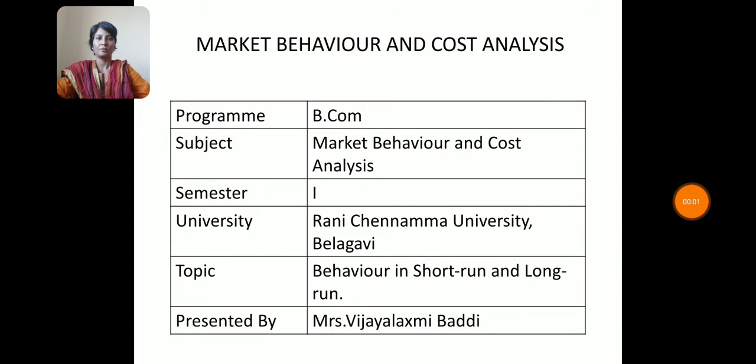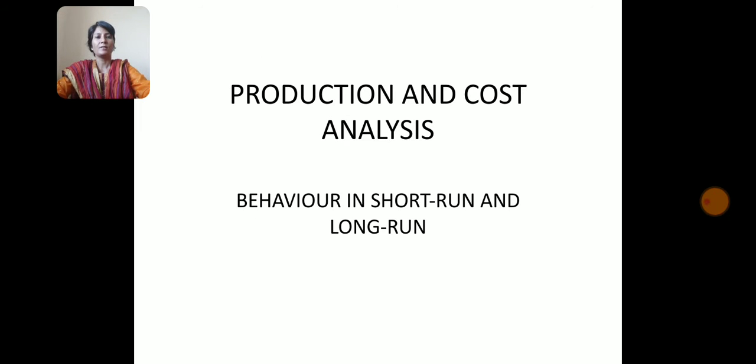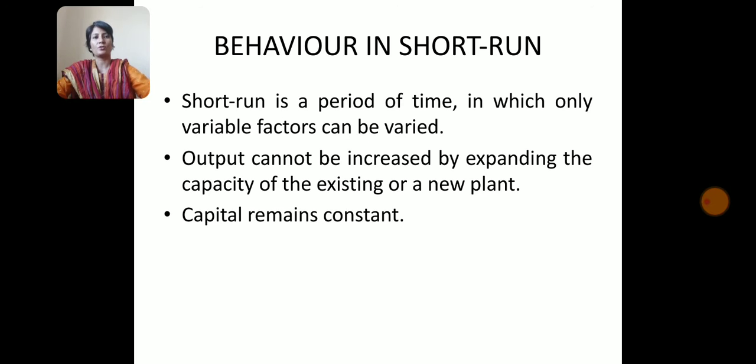In this session, let us discuss the behavior of various cost concepts in short run and long run. Let us first take up behavior in short run. Short run is a period in which only variable factors can be varied.